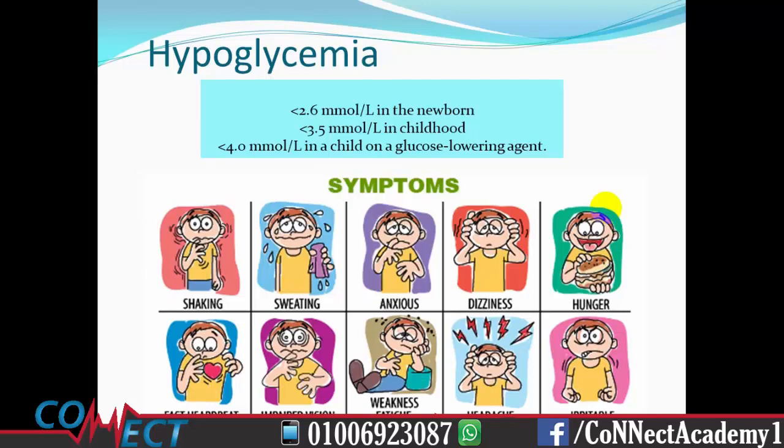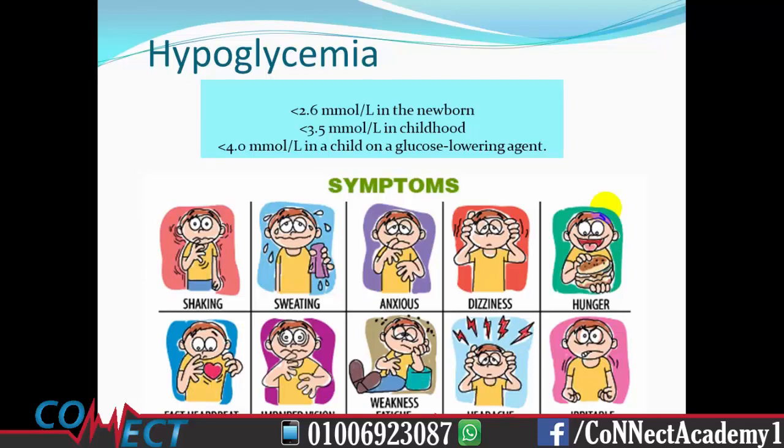He may be weak or fatigued or just complaining of a headache or, believe it or not, just being irritable. So when a child is irritable, you have to suspect that he is hypoglycemic at the moment. As you can notice, all the symptoms can be misjudged as normal fussy child behavior.